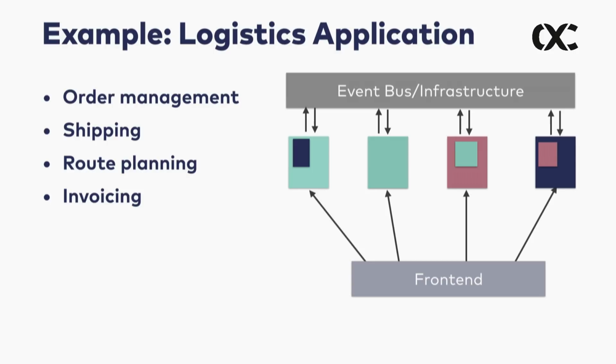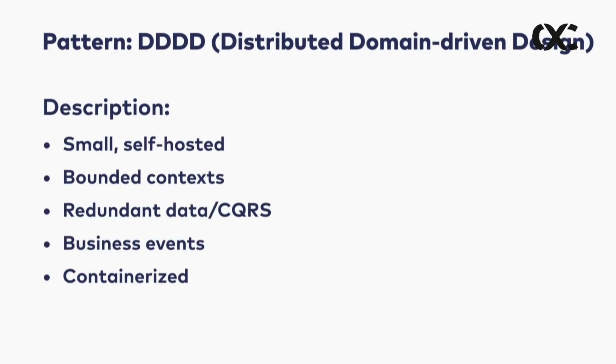Now we have those individual contexts. The idea here being that each of those things is still small, but probably a little bigger. But most importantly, it can do its own thing on its own. It doesn't rely on synchronously calling other services. Communication between those things typically occurs asynchronously, by events.